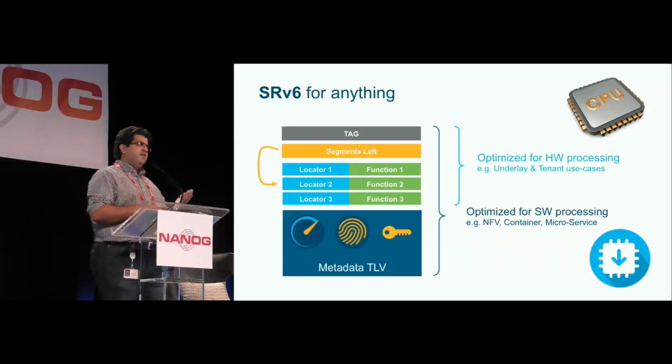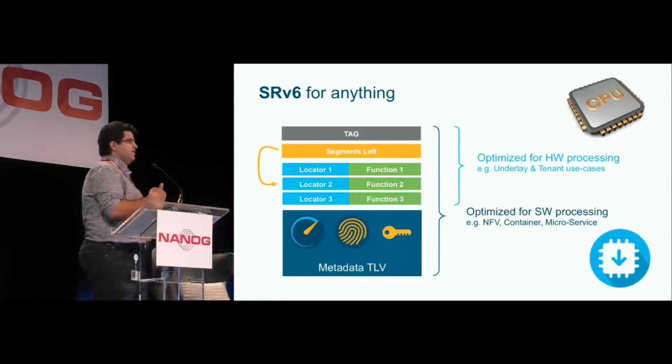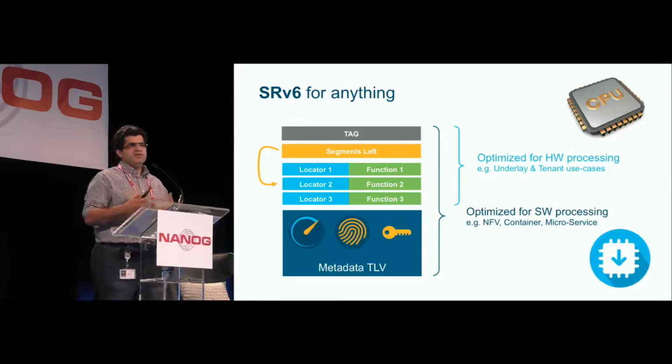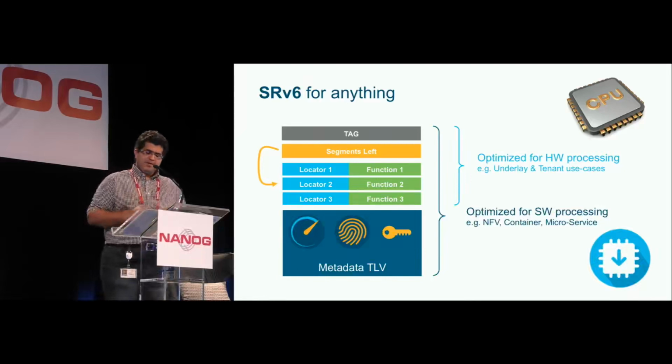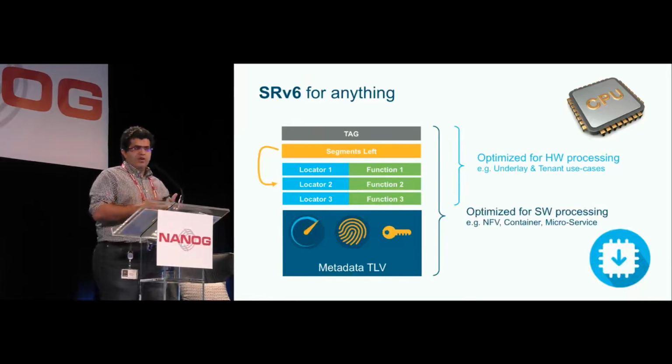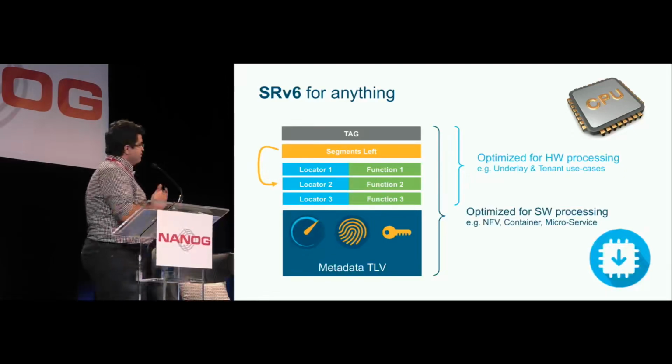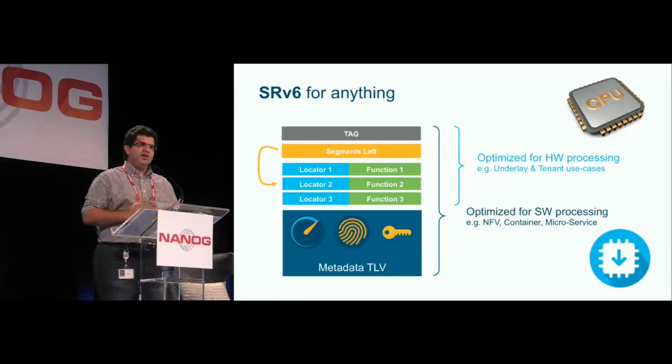We have funded the SRv6 implementation in the Linux kernel, and that implementation is done and is available. And more of that implementation will be available in new versions of the Linux kernel. So with Barefoot, we have also done the 6th overall implementation and 4th hardware implementation to prove that we have been able to optimize for hardware processing everything about segment routing v6.